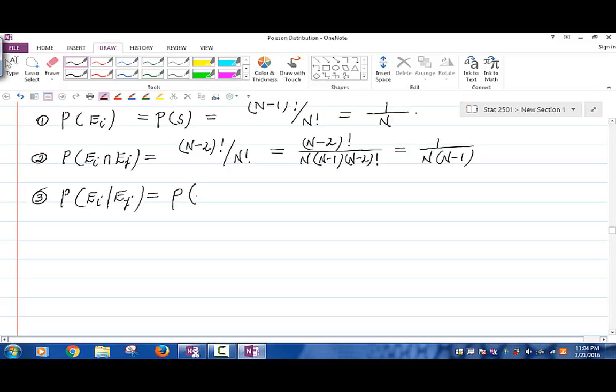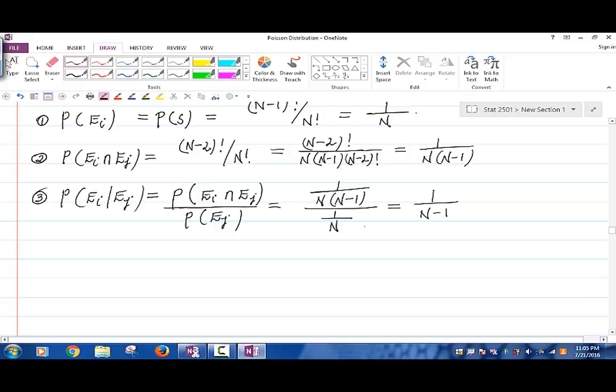By definition, it is the probability of E_i and E_j divided by the probability of E_j, and that's equal to 1 over n times n minus 1, over 1 over n, since the probability of E_j is 1 over n as well. So this is equal to 1 over n minus 1.